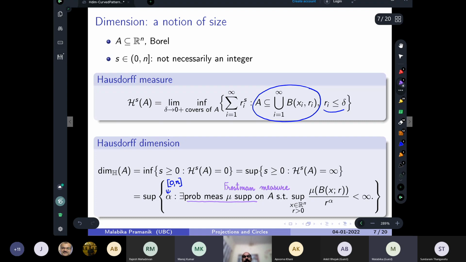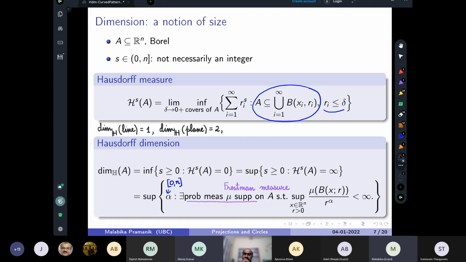Okay. Now, the dimension is a notion of size, and it's a really good sanity check that it actually conforms to all our usual traditional notions. So the Hausdorff dimension of a line is 1. The Hausdorff dimension of a plane is 2. But this notion allows us to assign a notion of size to much rougher objects where the differential geometric structure of lines and planes fails.